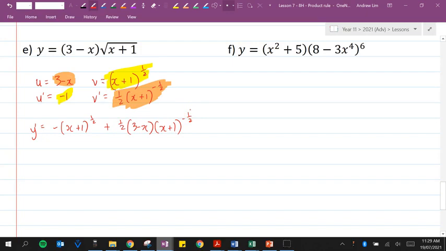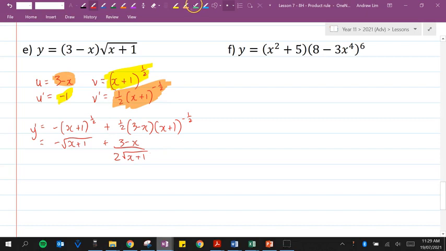Now I'm just going to rewrite this a little bit neater. We've got negative the square root of x plus 1 plus 3 minus x over 2 lots of the square root of x plus 1.